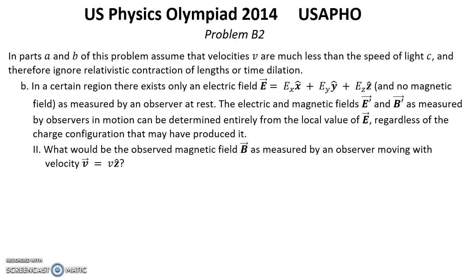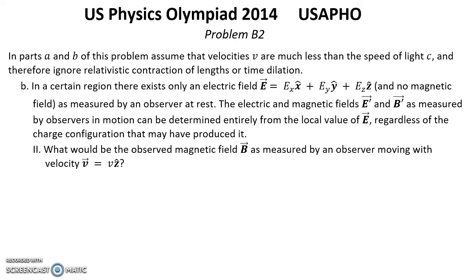Question 2. What would be the observed magnetic field B as measured by an observer moving with the velocity v in z direction? Solution. No magnetic field was created by the motion of the sheet of charge in the direction of the electric field. So the magnetic field in the frame of reference of the moving observer should likewise not depend on the component of the electric field in the direction of motion.